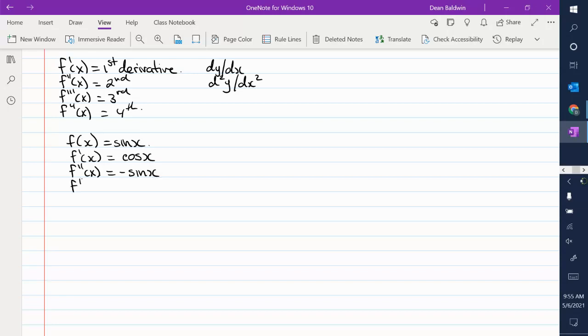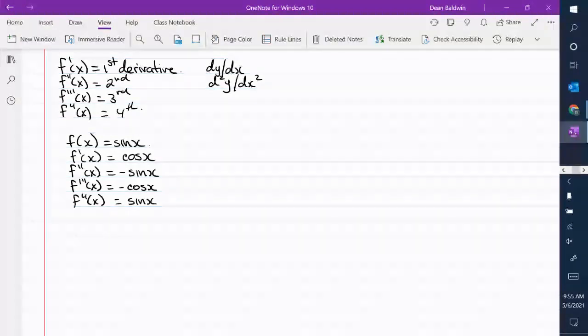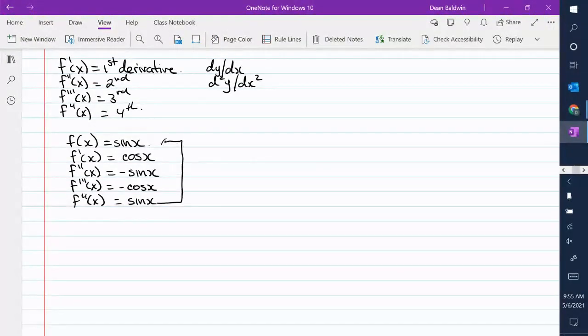And then if I want to do the third derivative, that's the derivative of negative sine, which is negative cos x. And then if I asked for the fourth derivative, you would tell me it is sine of x. Sine and cosine recycle after every 4. Get back to the original. Okay?